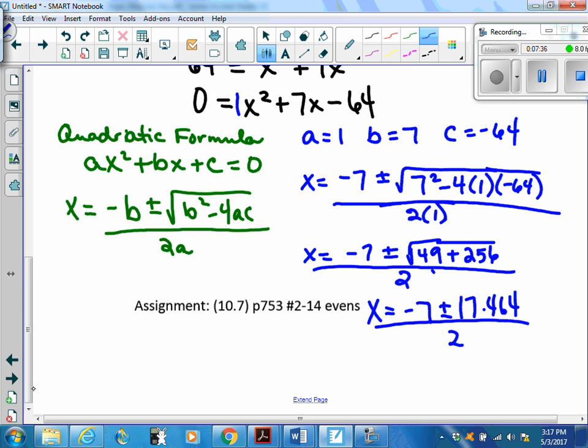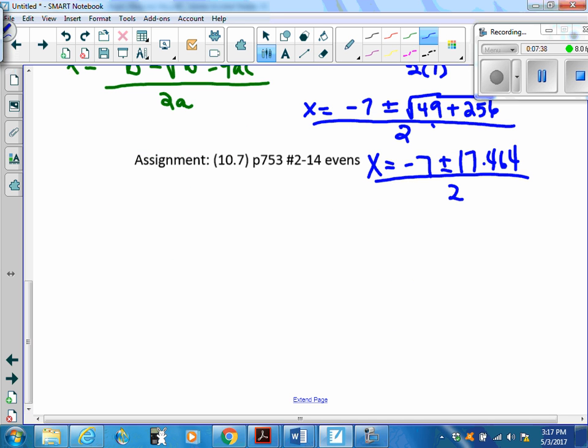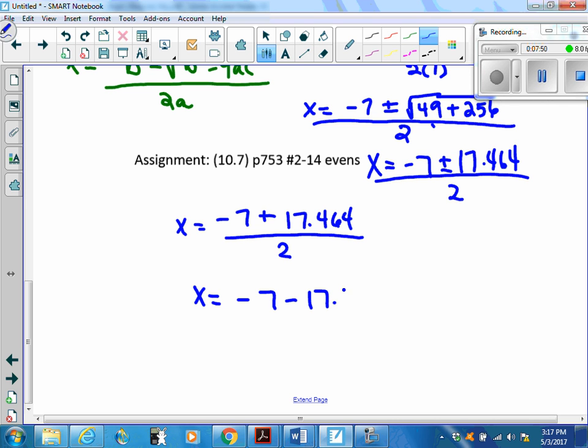That plus or minus tells me that there are 2 options. One is where I add, which is negative 7 plus 17.464 over 2. And the other is where I subtract 17.464 and divide by 2. I can already tell you by looking at the second option that when I change the sign and add, that's going to give me a negative, and that's going to give me a negative length for my segment.